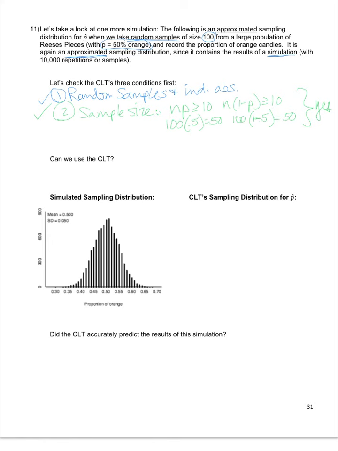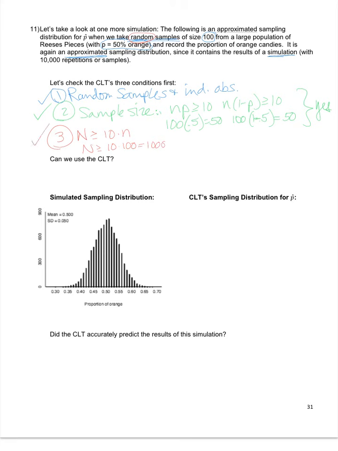And then our third condition, again, we don't know. It didn't say simple random samples, so we don't really know for sure if it was with or without replacement. So we're going to check that third condition and see if our population size is at least 10 times bigger than our sample. Our population size, we don't have that, but we do have our sample size, which was 100. So the question is, are there at least 1,000 Reese's Pieces in the population?